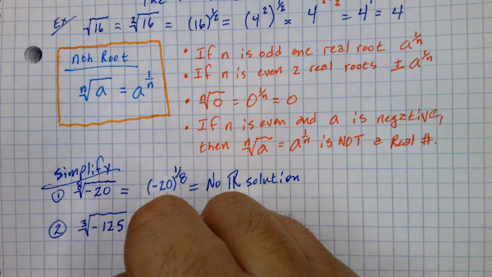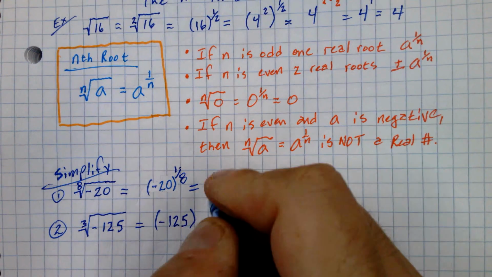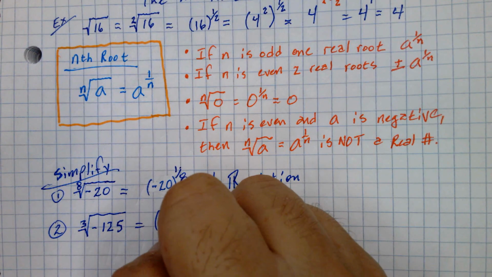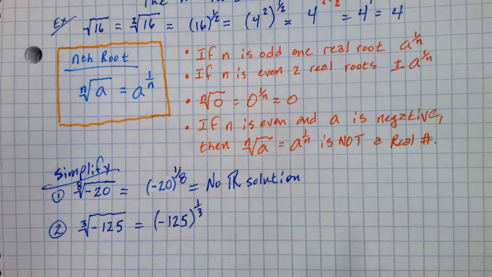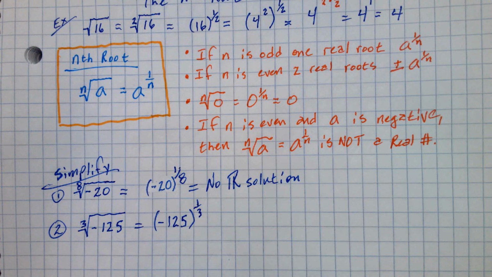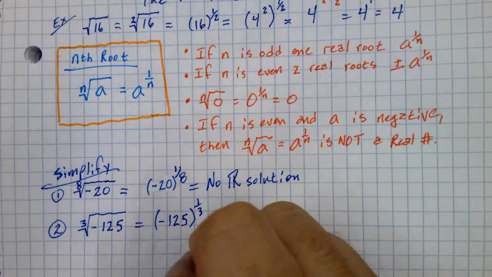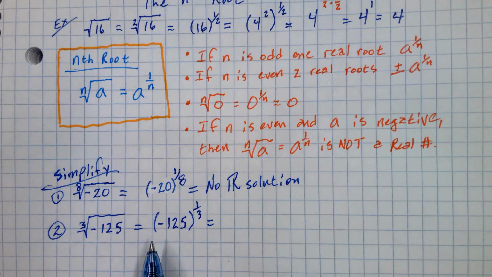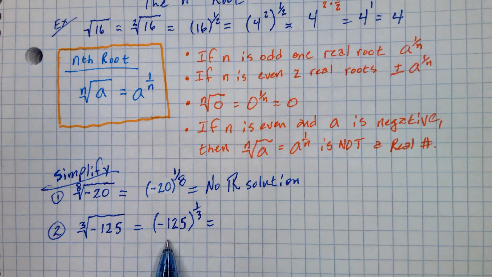Negative 125 to the 1/3. Okay. And now, what number times itself 3 times equals negative 125? Would you agree? Negative 5 times negative 5 times.